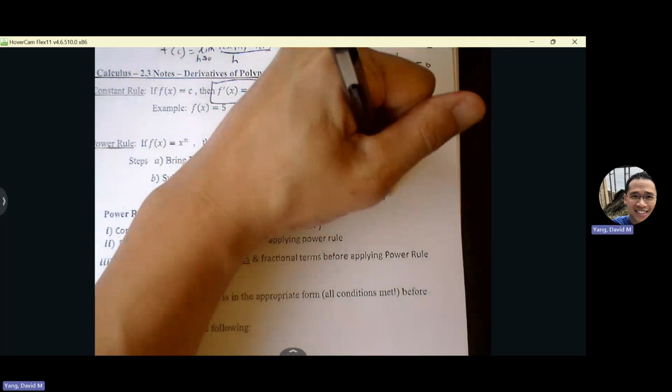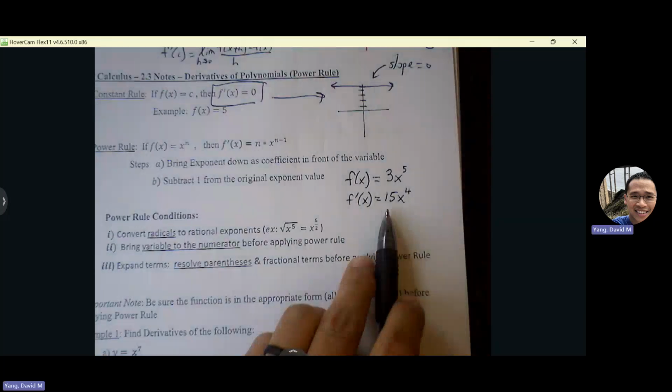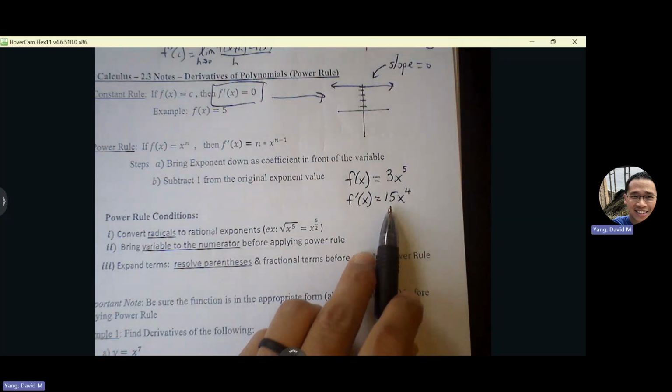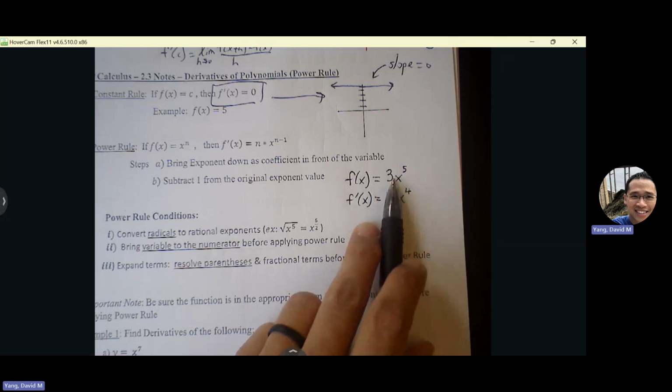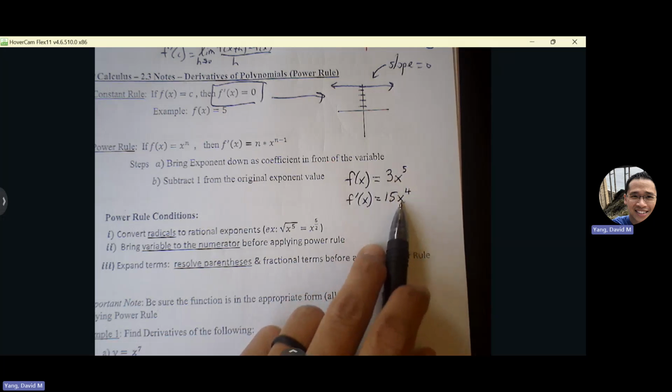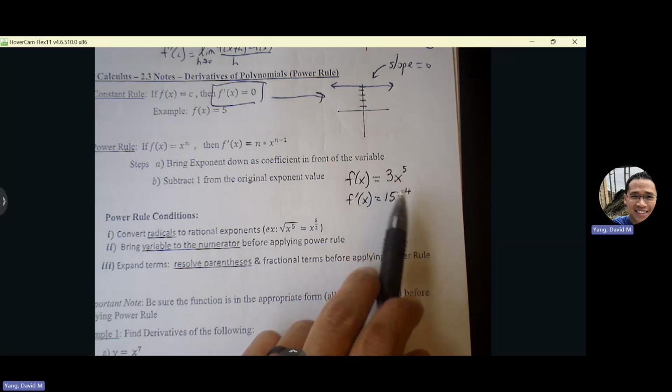So 15x to the fourth. And 15x to the fourth will describe any slope on this curve. If I want to find the slope of this curve at 2, I can just plug 2 in, and it'll give me a really large number, and that number will correspond to the steepness of this curve at that particular x value.